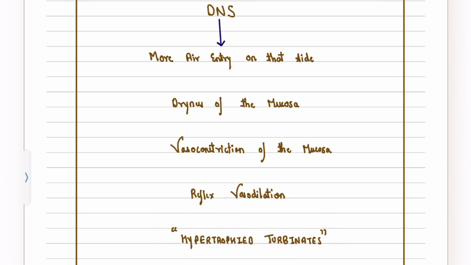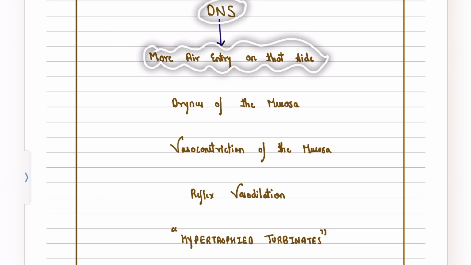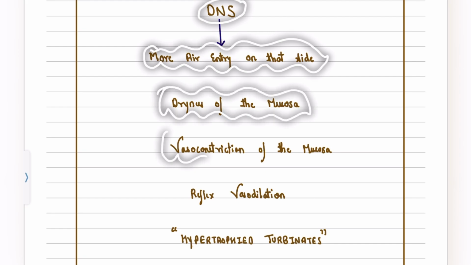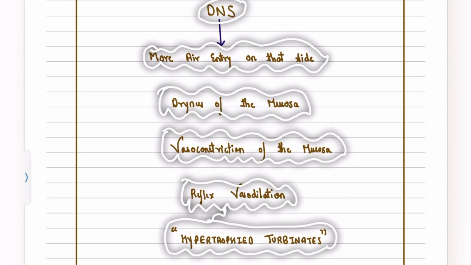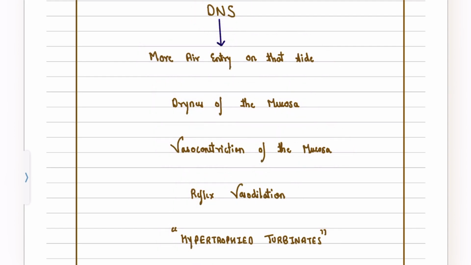So again, deviated nasal septum will lead to excessive air entry. It will lead to dryness of mucosa. When mucosa dries out, it will lead to vasoconstriction of the mucosa, and there will be reflex vasodilation. This reflex vasodilation is what causes the hypertrophy of turbinates. One little concept is there.